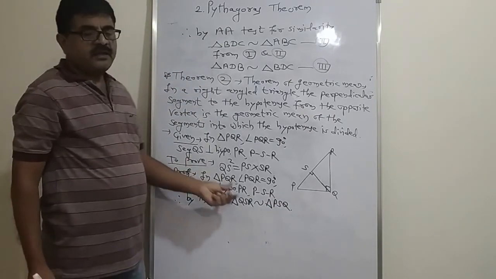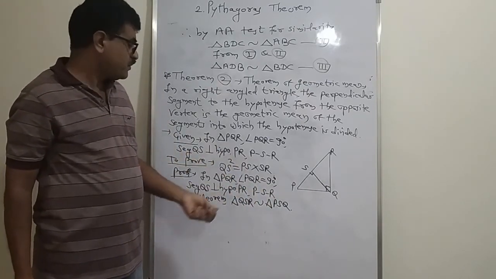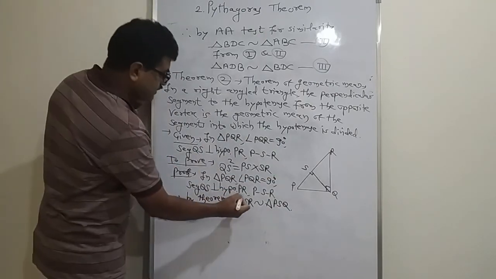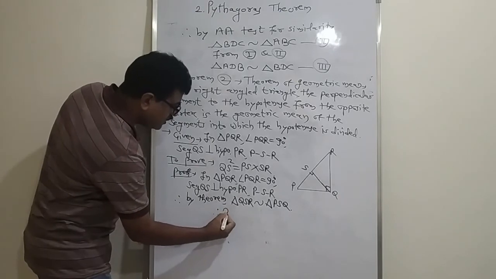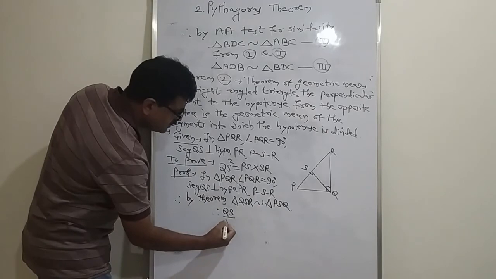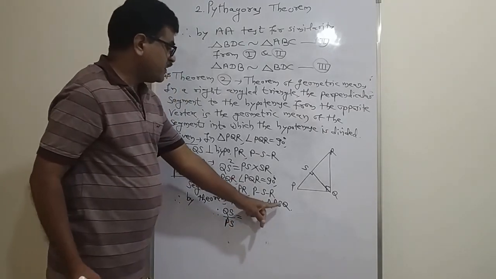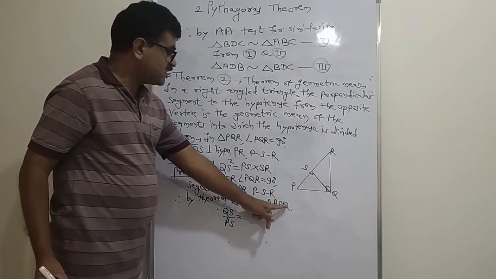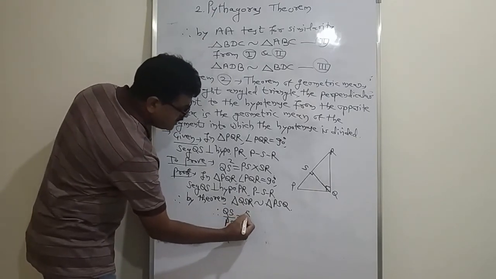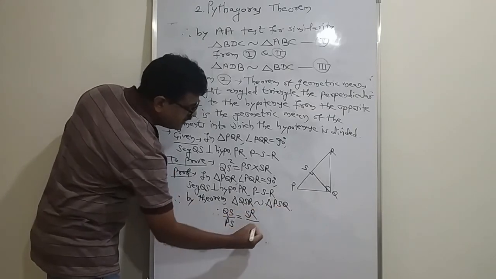Now we know that if two triangles are similar, then their corresponding sides are in proportion. Therefore QS divided by its corresponding side PS is equal to, now we have to take another, SR divided by SQ.